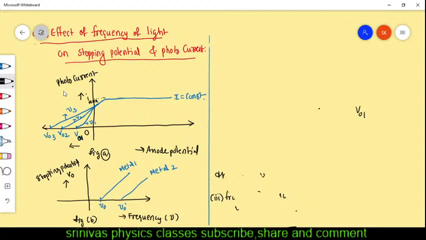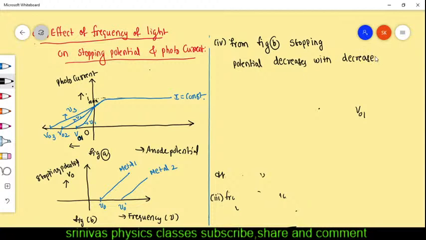The fourth point from the figure is that from figure B, stopping potential decreases with the decrease in frequency.